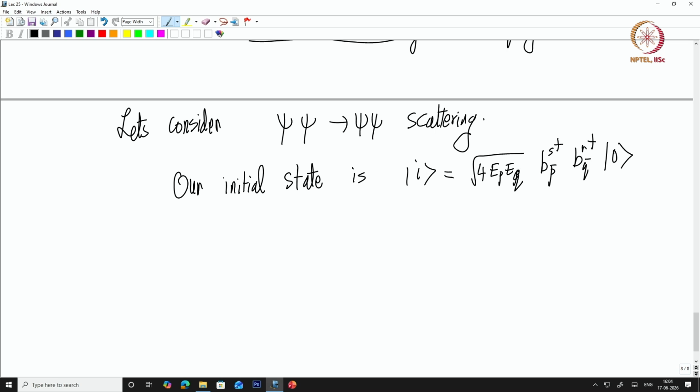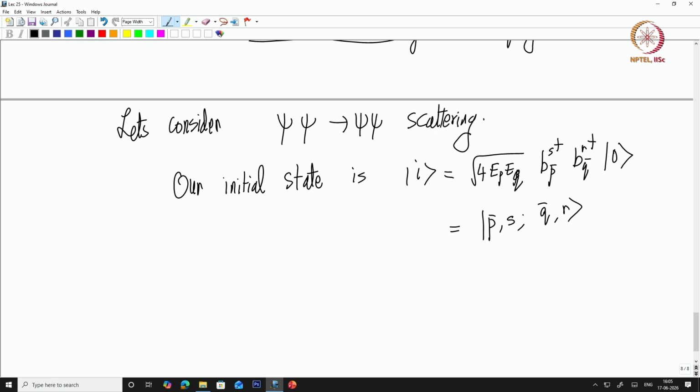This is our initial state, and it gives a state with momentum P and spin S, and another with momentum Q and spin R. Each represents a psi, so there are two particles in the initial state, P and Q.